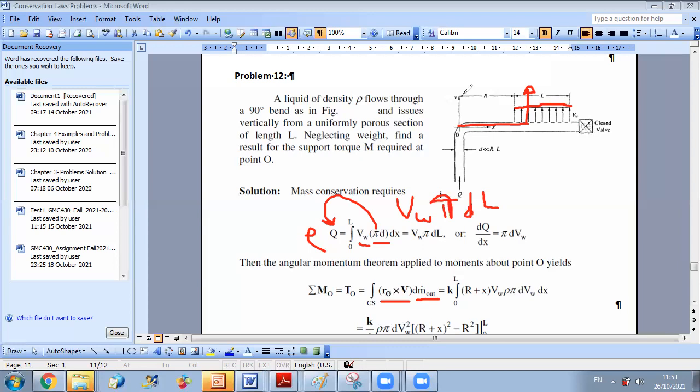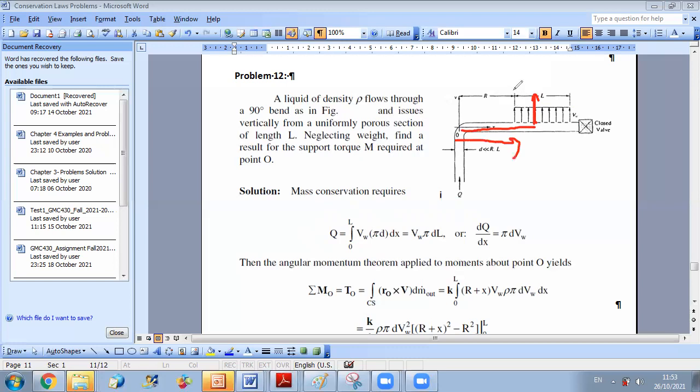Now each elementary mass flow rate that is exiting my system is characterized by a certain distance from O, and this distance is varying. It is varying from what to what? It's varying from r.